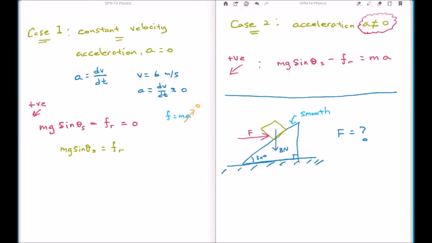The weight goes down, 8 Newton. So what you need is to find the x and y axis. If you manage to resolve the x and y axis, then things will be so much easier.